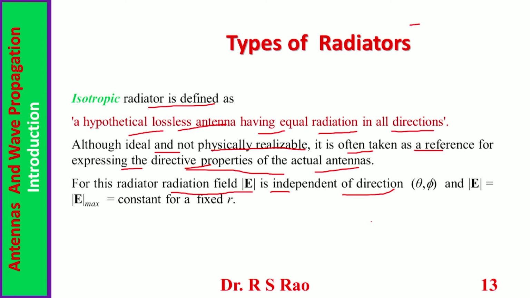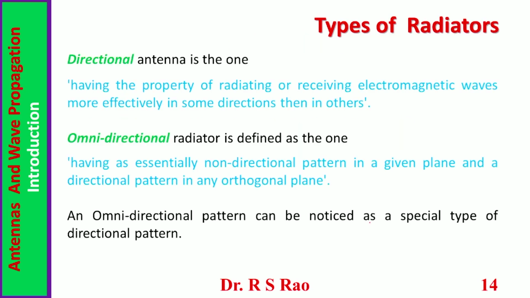Direction is specified by theta and phi, and distance by r. Isotropic means radiation is independent of direction, that is, independent of theta and phi. It depends only on distance. When distance is fixed, radiation naturally is constant.